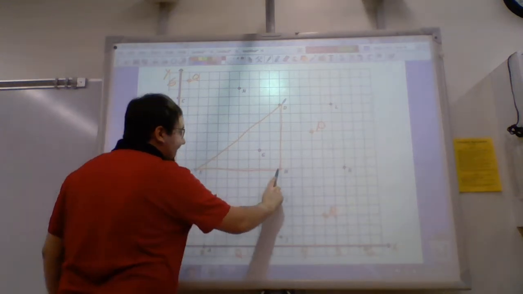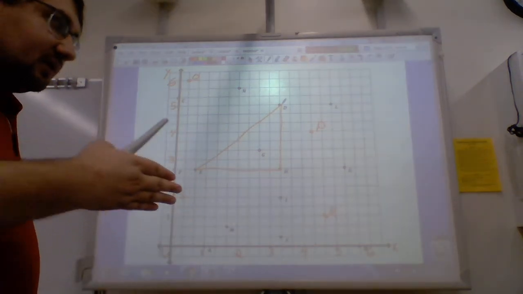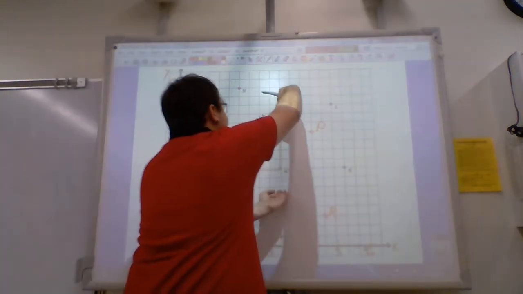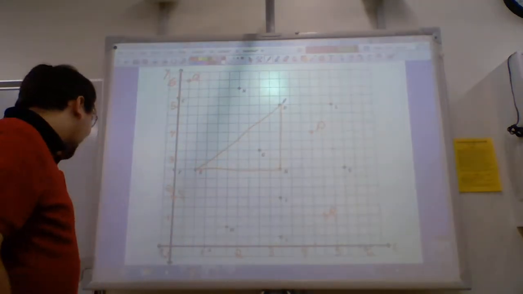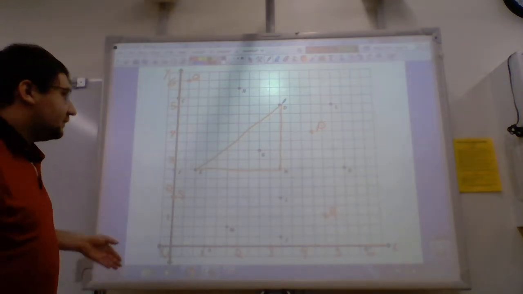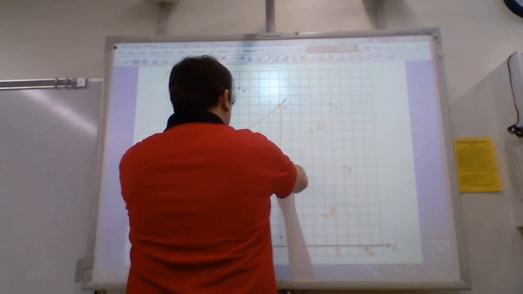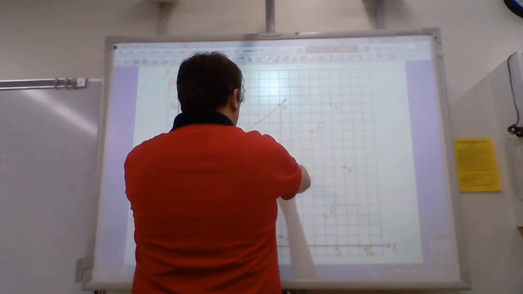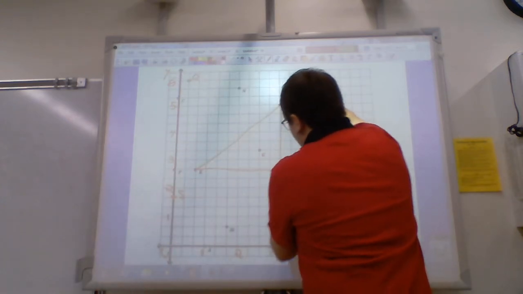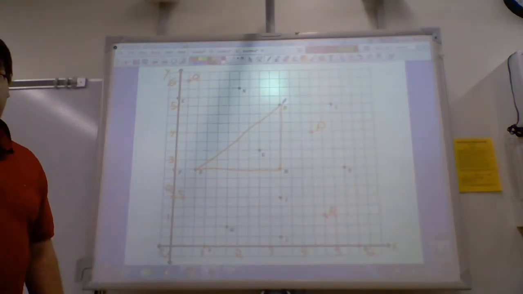Now, from E to H, and then from H to D, if I were to get a ruler, which I don't have right now, I could measure this, add on this bit, and physically compare it to that.